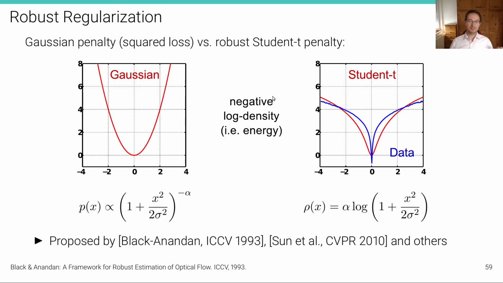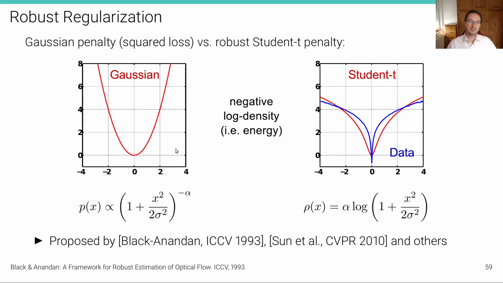And here's a comparison. This is now in the energy domain, so we have a Gaussian, which corresponds to a parabola, because if we take the negative log density, then this is a squared function. This is just a squared function, which is not robust to outliers, like at flow or object discontinuities, because it penalizes them heavily.